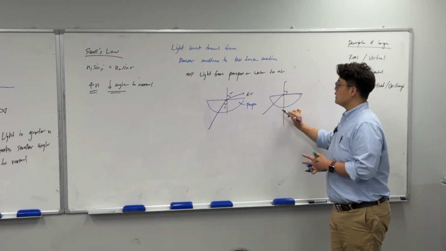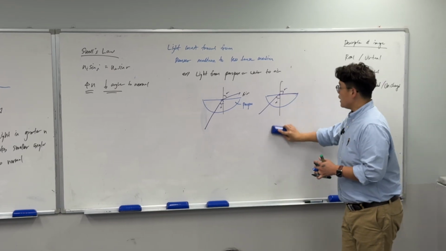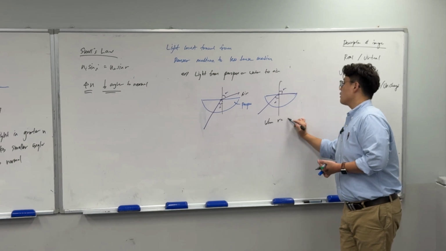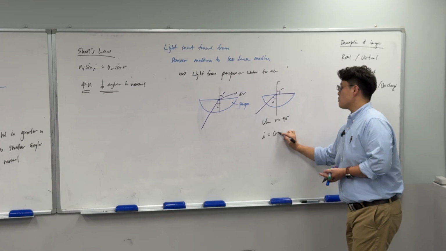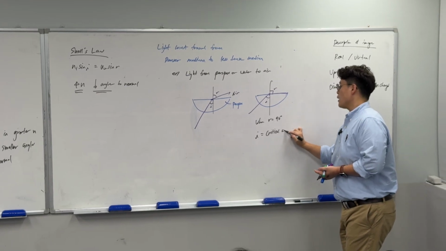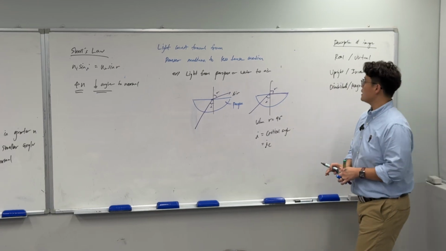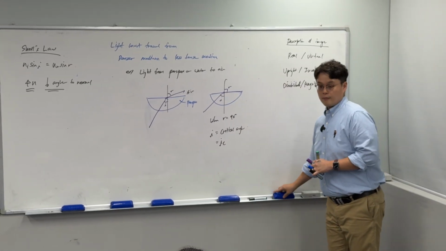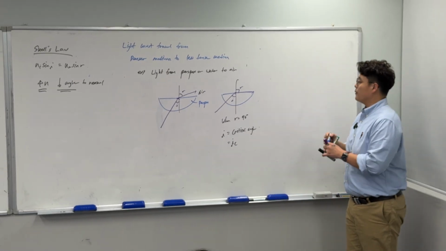That's a 90, that's the refracted ray, and that's the incident ray. In the case where we get the refraction when r is 90 degrees, this i is known as the critical angle, which is known as ic. Then exceeding this critical angle, here's what happens.